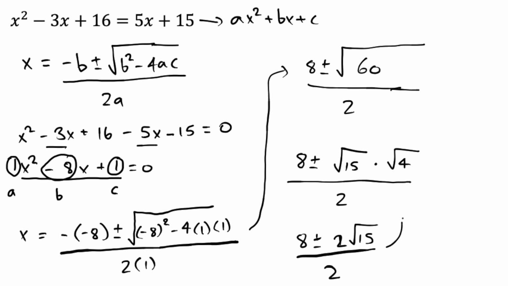And again, we can simplify it finally to say 4 plus or minus the root of 15. And that is our final answer using the quadratic formula. This is our two values for our x-intercepts, otherwise known as the solutions.